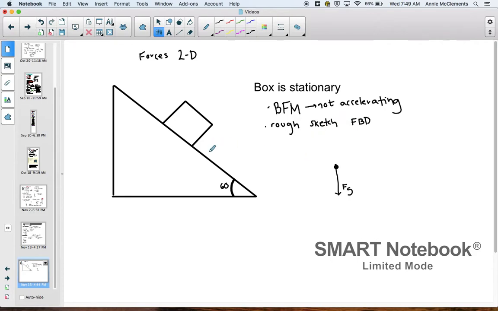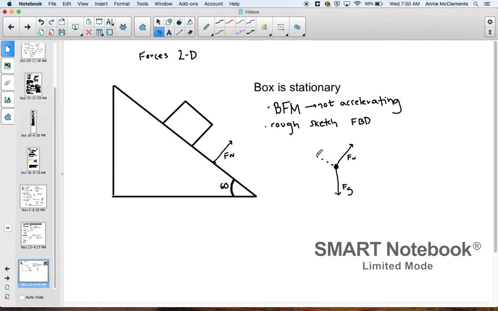So the normal force is actually going to be acting perpendicular to the angle of this surface, right? Fn is going to be perpendicular here. So it's not directly canceling gravity. It's some magnitude at an angle, right?